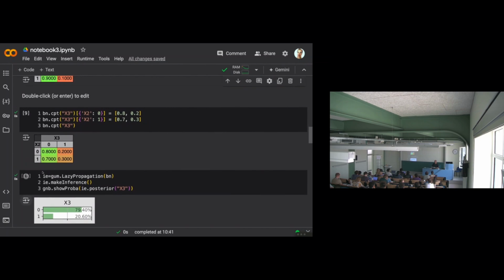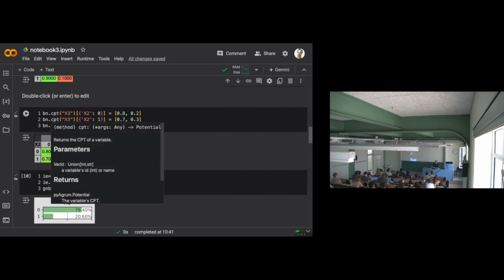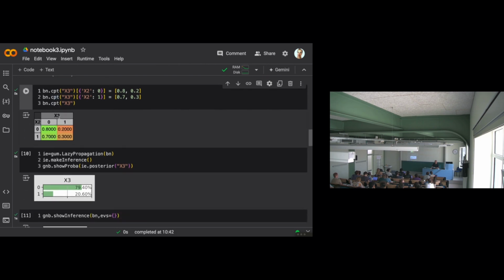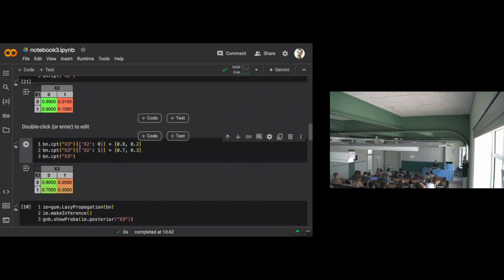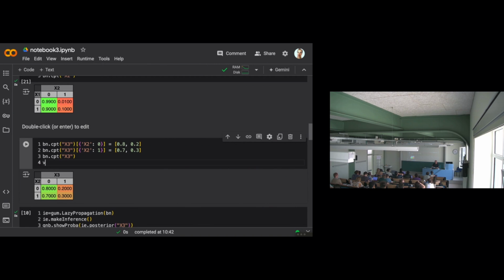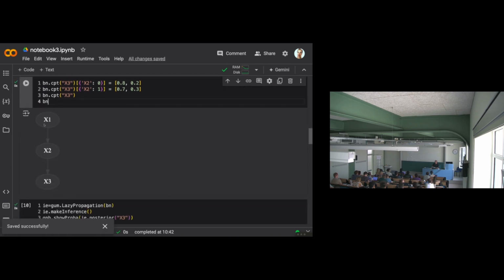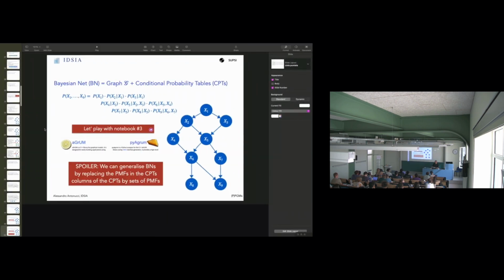And let's say this is the other CPT, the conditional probability table for x3 given x2. Once I'm done, this is my well-defined Bayesian network. What can we do with the Bayesian network?